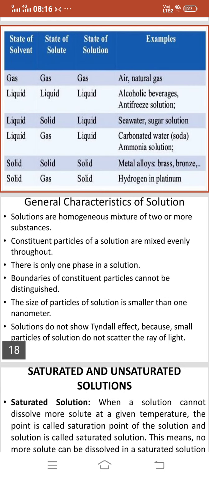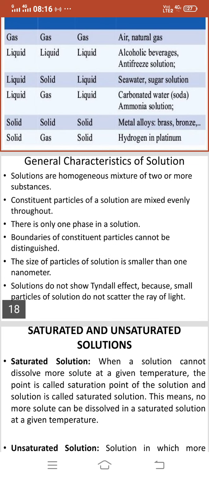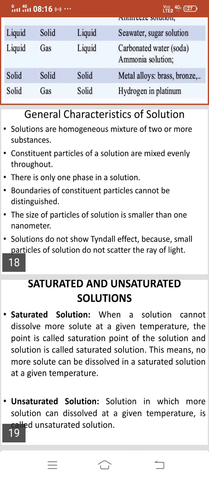Boundaries of constituent particles cannot be distinguished in solution. The size of particles of solution is smaller than nanometer. Solutions do not show Tyndall effect because small particles of solution do not scatter the ray of light. So these are the various characteristics of solution.